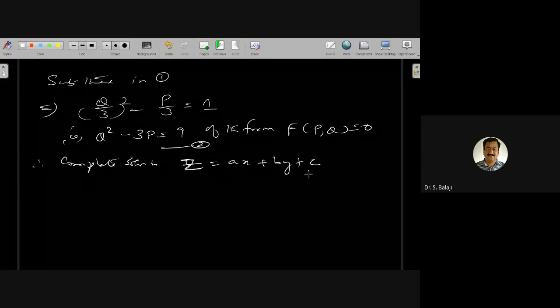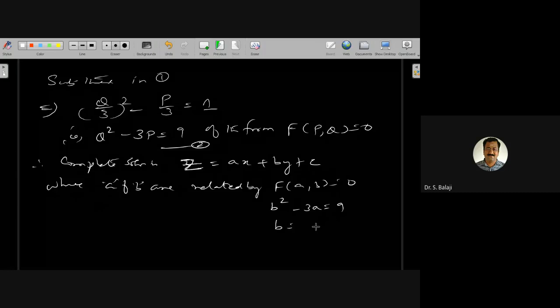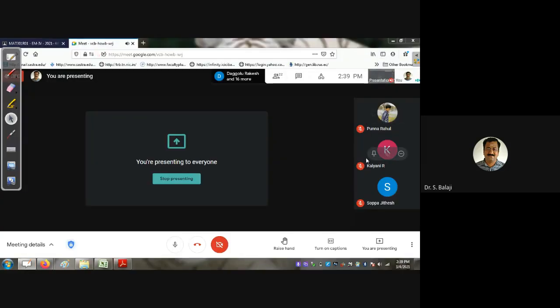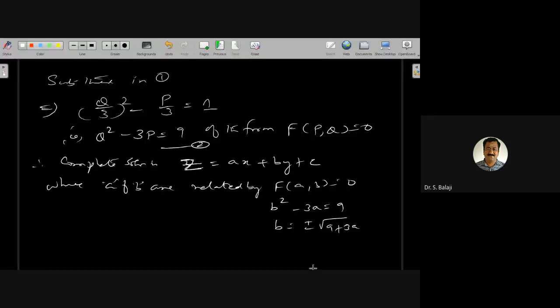You have to use small x and small y only, where a and b are separated by f(a,b) = 0. That is b² minus 3a equal to 9, so b equals plus or minus √(9 + 3a). Or we can write a in terms of b. Any manner you can write, no problem.